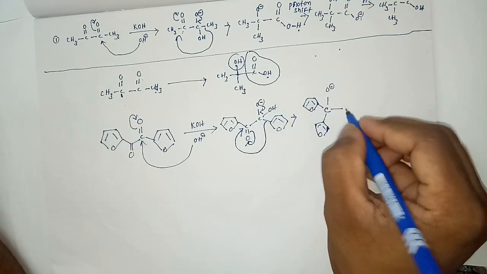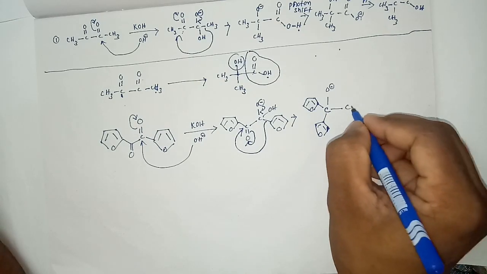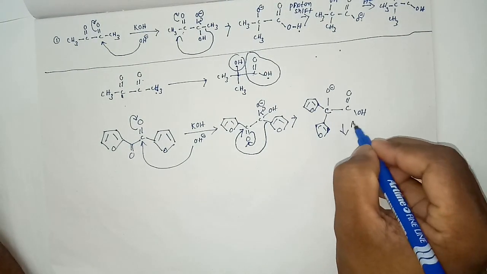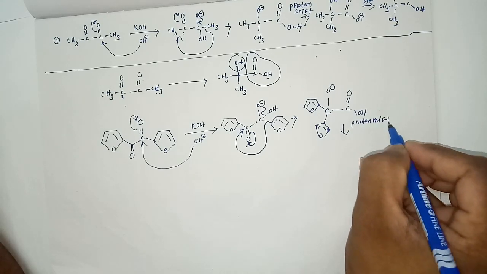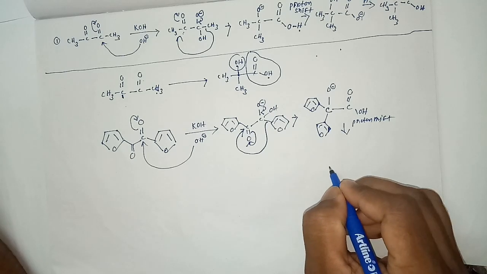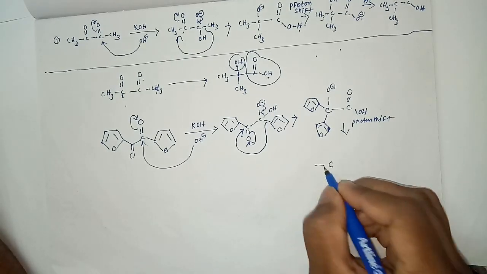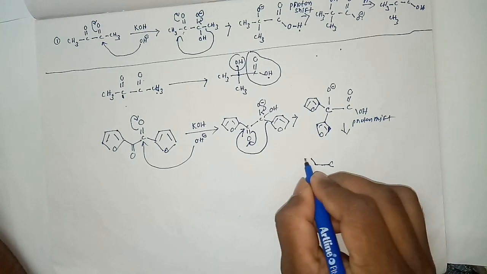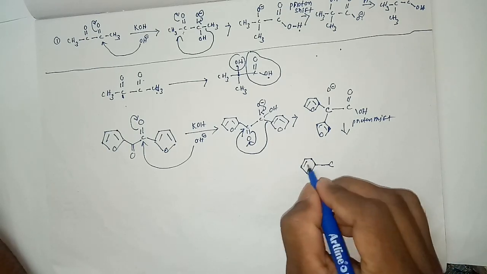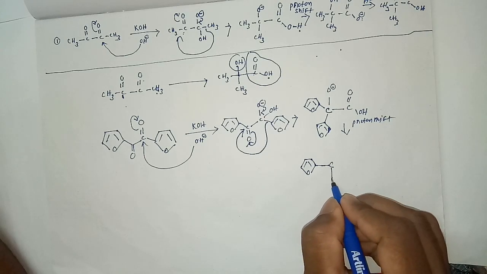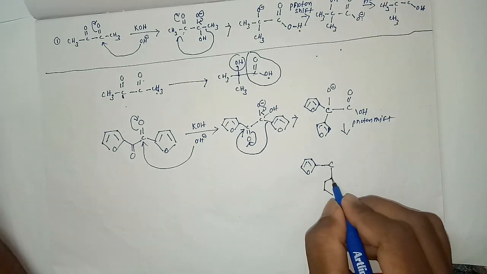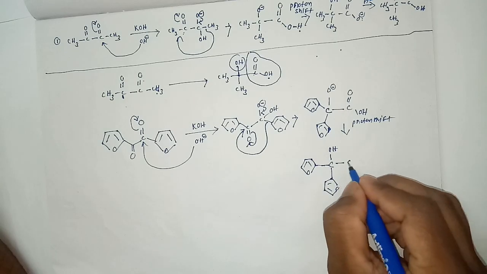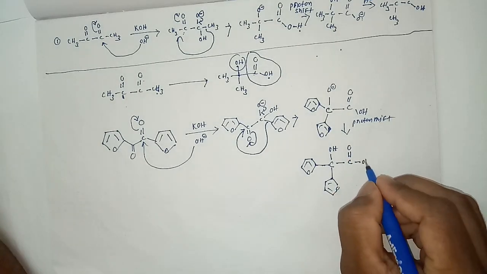C double bond O, and this is the OH group. After the proton shift we get OH, C double bond O, OH. This is the final product.